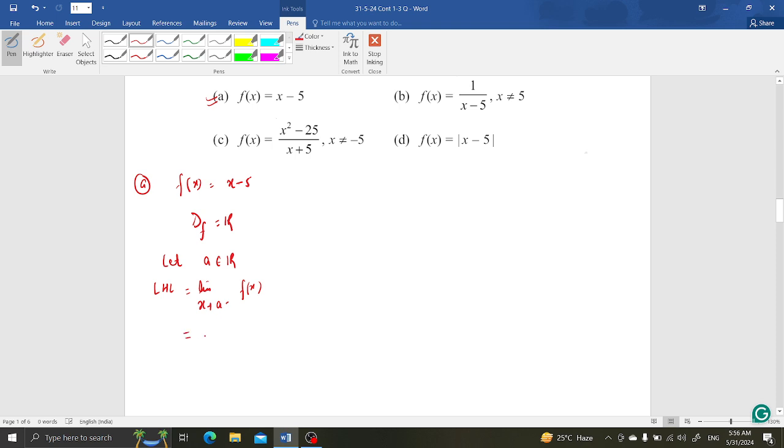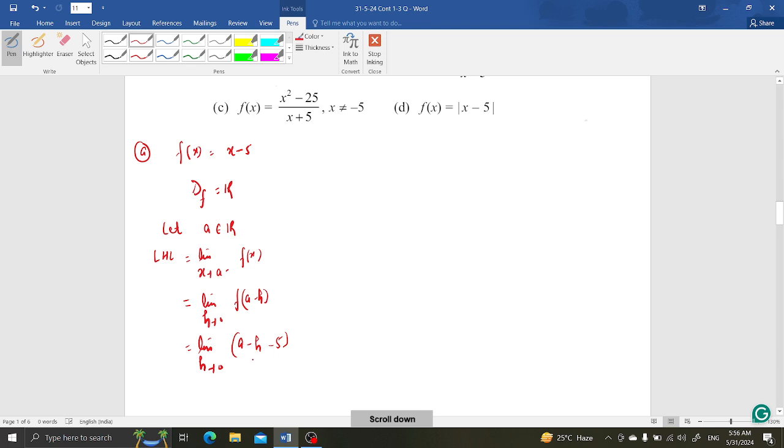I said, these two lines are evergreen. Limit h tends to 0 of f(a - h), which is limit h tends to 0 of (a - h - 5). If we apply the limit, we get a - 5 simply. This is your first equation, LHL. I hope you understand this thing.